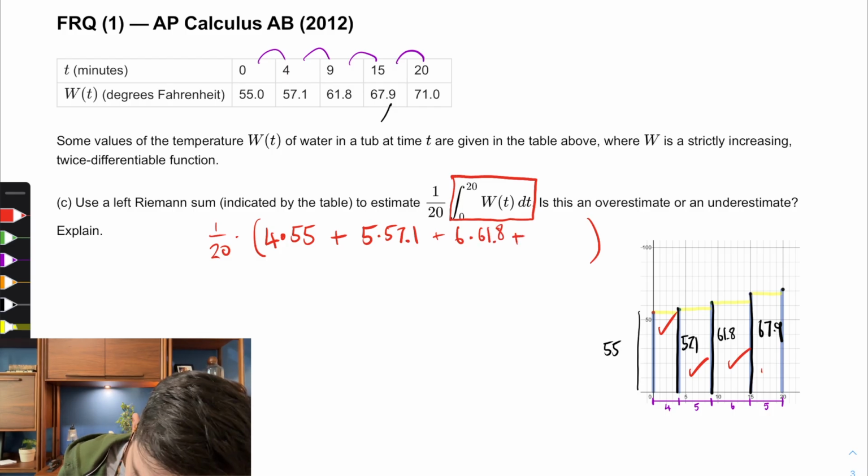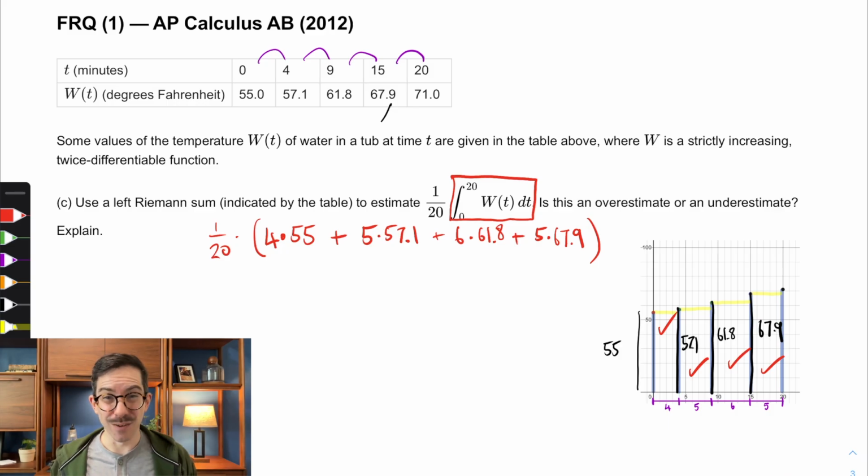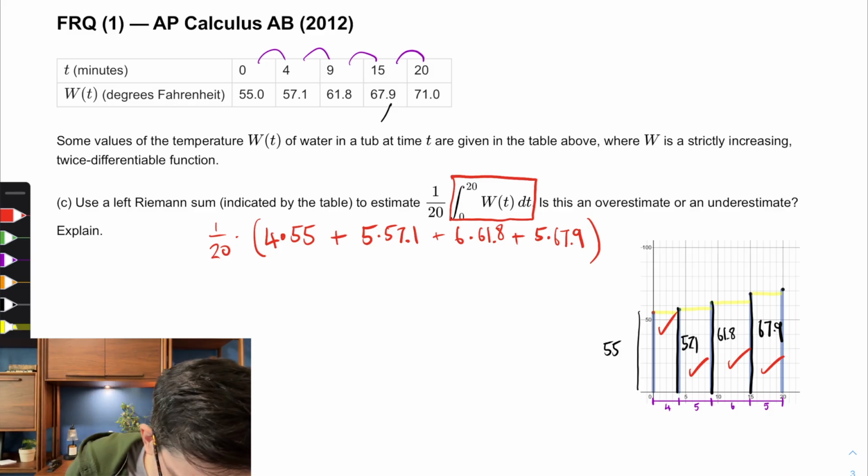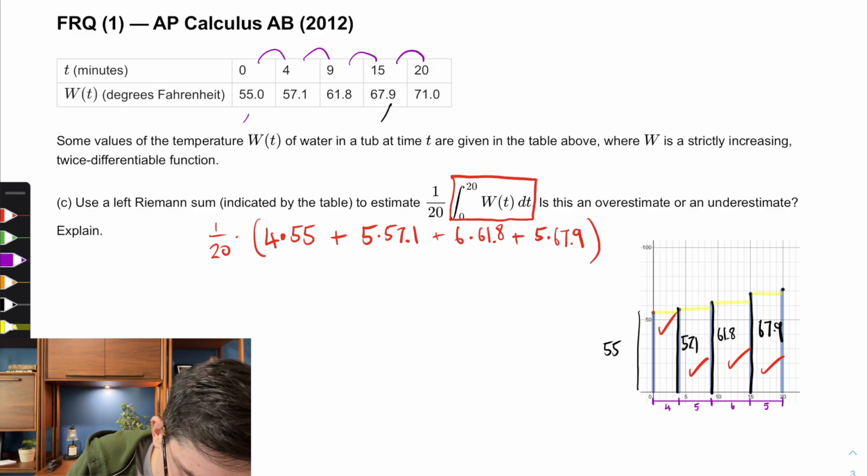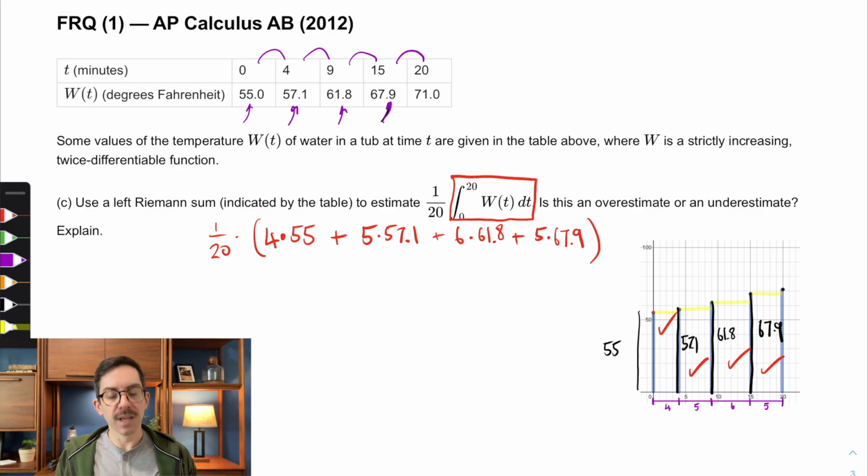And for my final rectangle, the base is 5. The height is 67.9. Now you can see if we look at our table here, we really just use these 4 values, one after the other, in our Riemann sum formula. So that's how you can jump straight from the table to what we have here.